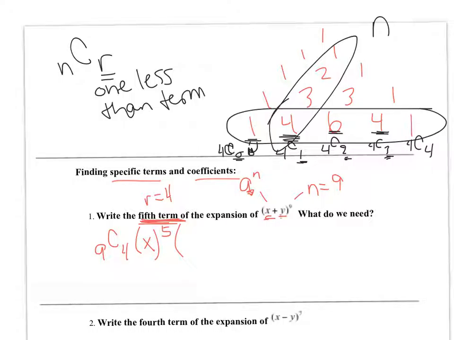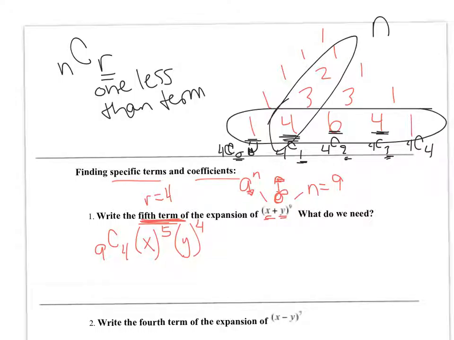Your b is y. And remember, we said b goes up. So it starts at 0 and it's going to go up from there. So y to the 0 is term 1, and then 1, 2, 3, 4. So then y is to the 4th.